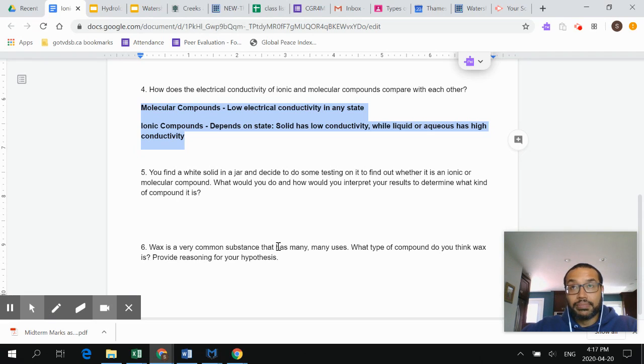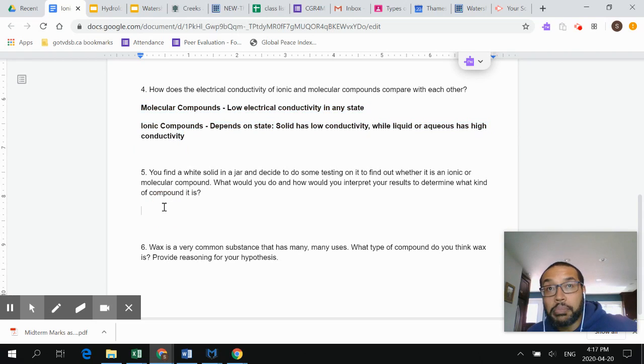So you heat it up. In the lab setting, we would use Bunsen burners and heat up the substance. And if it started to melt pretty quickly when we crank the gas up on the Bunsen burner, that means the melting point is lower, so it's likely to be a molecular compound.